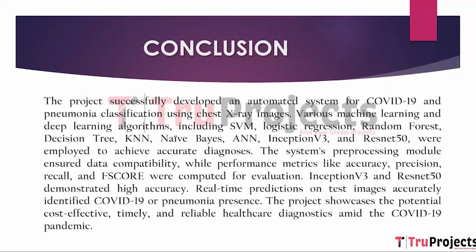The preprocessing module of the system maintained data compatibility, and performance metrics such as accuracy, precision, recall and F-score were computed for evaluation. High accuracy was established by Inception v3 and ResNet 50. The presence of COVID-19 or pneumonia was correctly diagnosed using real-time predictions on test photos. During the COVID-19 pandemic, the research demonstrates the promise for cost-effective, rapid and dependable healthcare diagnostics.